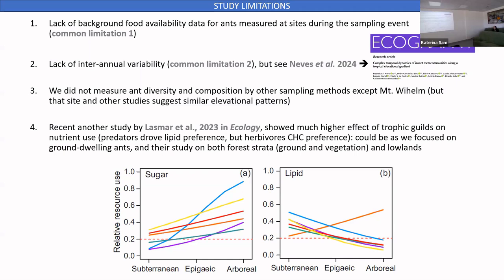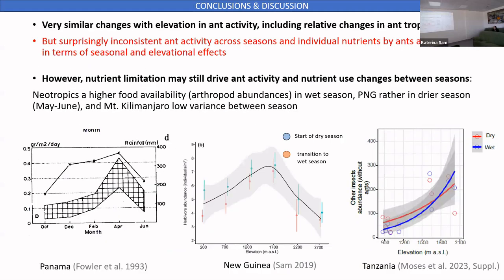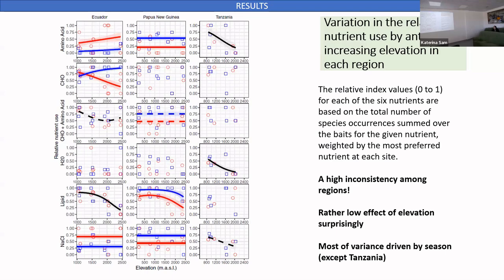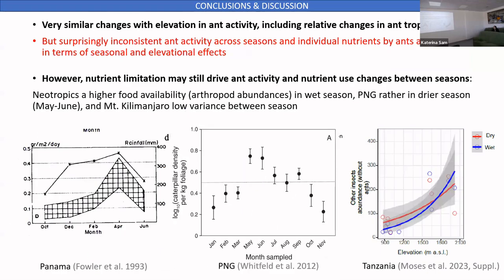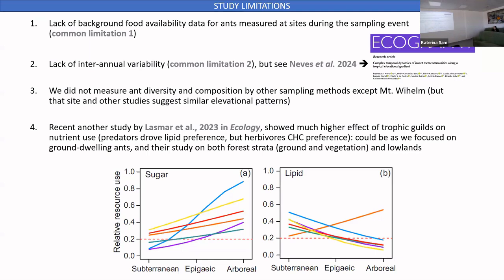Then another limitation is interannual variability. With referees, we were a little bit criticized: okay, it's nice that you have these 3 regions, it's the first time you did the seasonality, but it's only 1 year. So maybe this randomization across seasons is just random. There is another study showing that it shouldn't be so random, but now Brazilians actually published an Ecography paper where they showed the gradient, but they looked over 10 years.